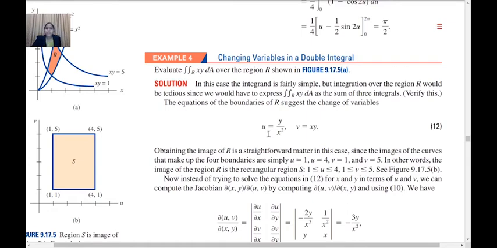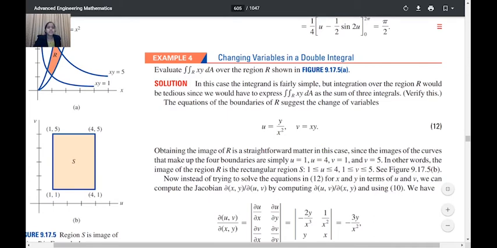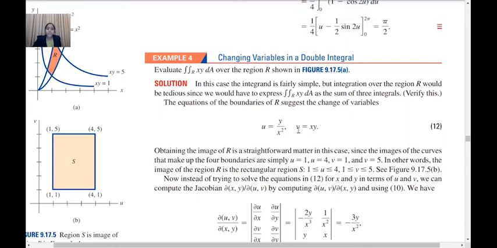Why? Because when y is equal to x², u is 1. When y is 4x², u is 4. So u varies from 1 to 4 and v varies from 1 to 5. So that is the variation. The image S of this region will be much easier, because it will actually be a rectangular region in which u varies from 1 to 4 and v varies from 1 to 5.